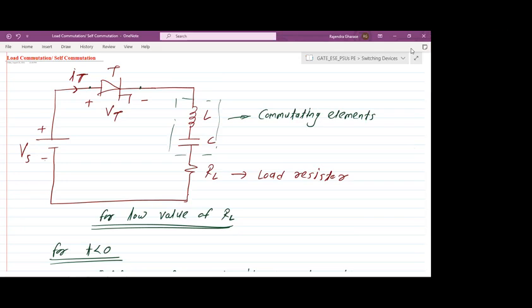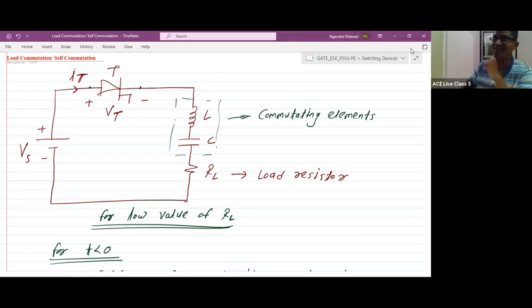So if TQ is the time required to turn off the SCR and TC is the time required to remove the additional charge carriers? No, you cannot say directly like that. TQ is, according to the manufacturer, the time required for the removal of the added charge carriers.